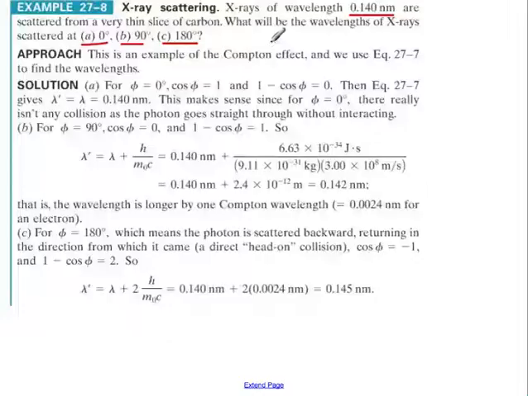So first, what is the main formula for the Compton effect? Of course, you don't need to know this. It's not on your little formula card, but the Compton effect says that the wavelength of these X-rays actually can change depending on how you do this.